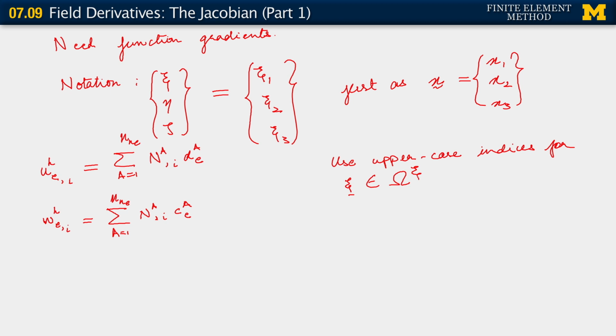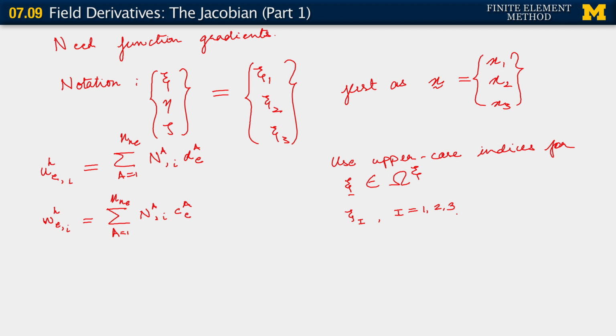What this means is that the components of xi we are going to write as xi I, where we're using an uppercase I running between 1, 2, and 3.